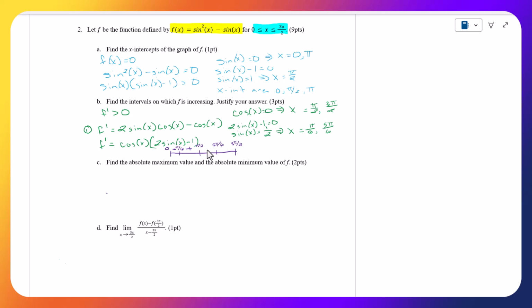And we just need to be clever with our observations here, because sine at 2 pi over 3 is the same thing. So this whole thing will still be positive. And then this cosine, well, I know cosine in the second quadrant is negative. And I would also know that it's a negative 1/2. A negative times a positive is negative.